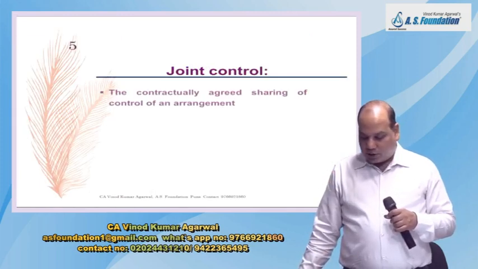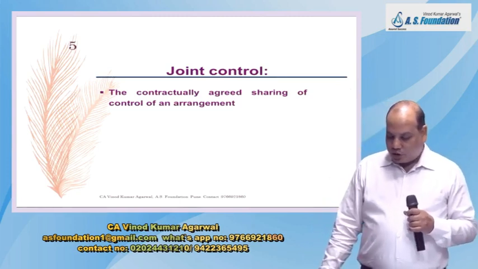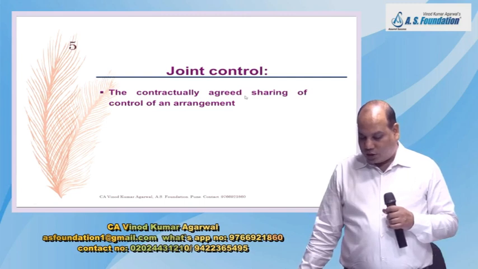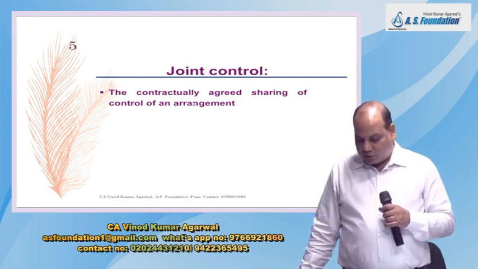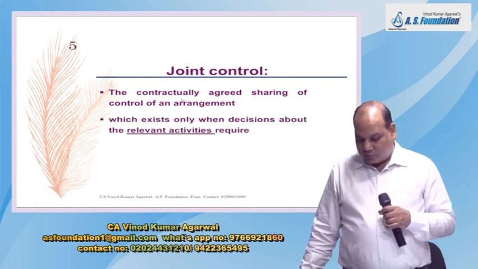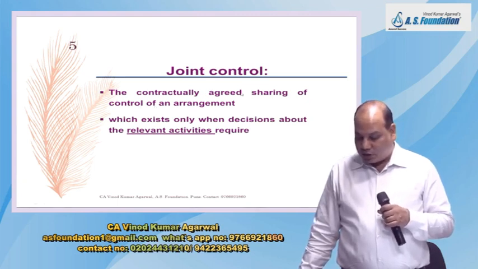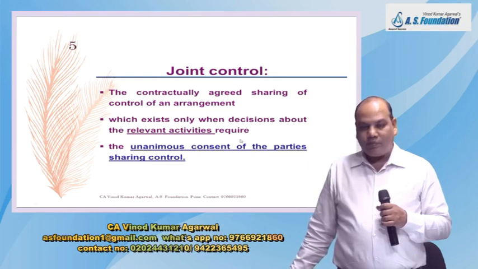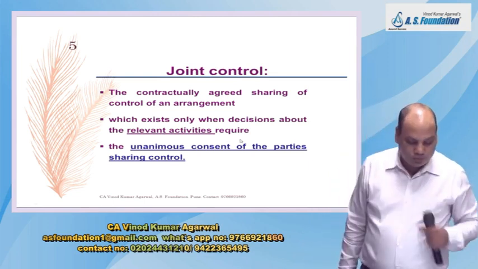Control is already defined in IFRS 10. What is joint control? Joint control means contractually agreed sharing of control of an arrangement, which exists only when decisions about the relevant activities require unanimous consent of the parties sharing the control.